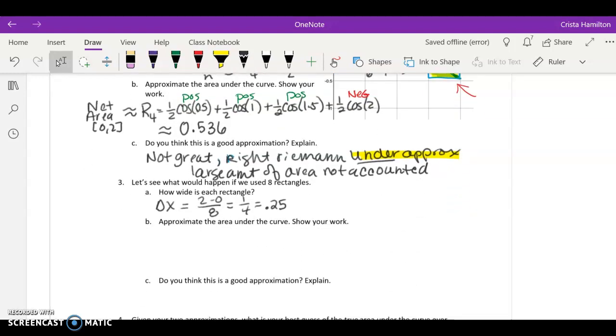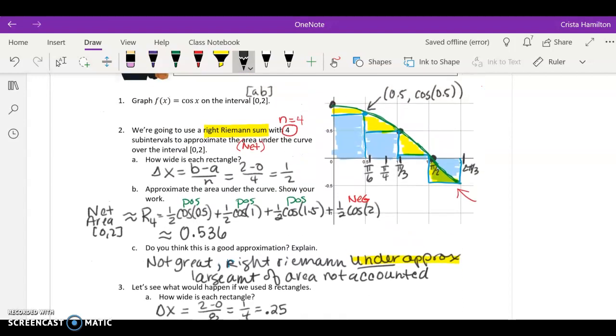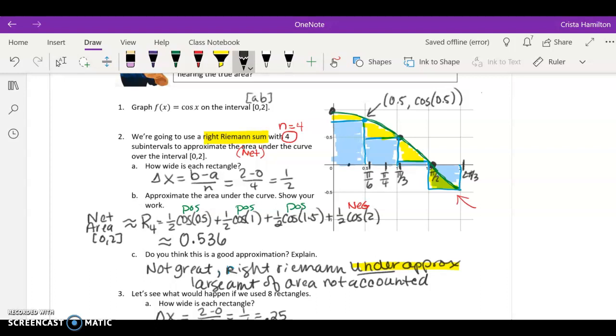So if I want to approximate this net area from 0 to 2, we're going to do this with a right Riemann sum with 8 rectangles. And we're just going to go through and write them out. Remember that your width is now 1/4. Your first rectangle, if I start sketching it on here, would be this portion right here.